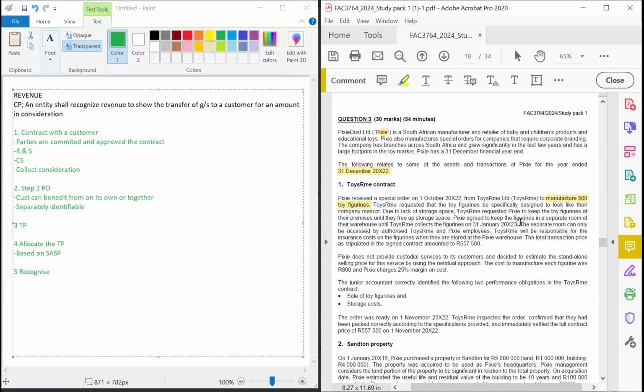Right now, these products are being kept at the separate room, right? Because there is lack of storage space. So the client requested, essentially, that we will be holding stock for the client.